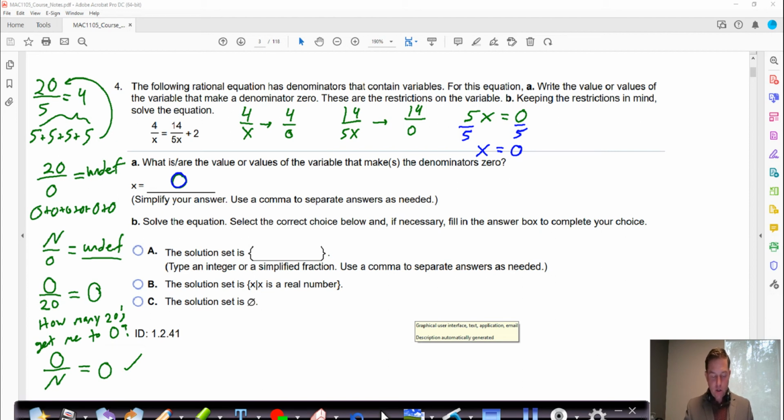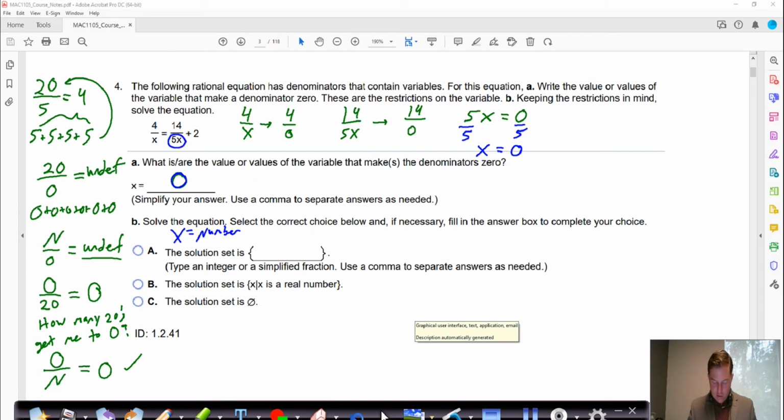Now in part B it says solve this. Solve means get x equal to some number. So we've got to use our steps from the first couple problems. Just like before, I'm going to multiply everything by the biggest number in the denominator.